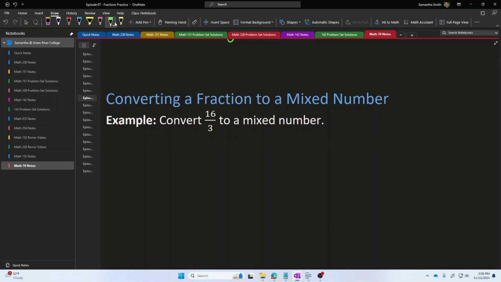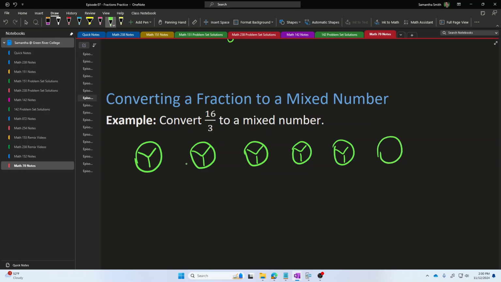First, let me draw this process out. If I have 16 thirds, then I'm cutting my pizzas into 3 pieces. And I have 16 such slices.